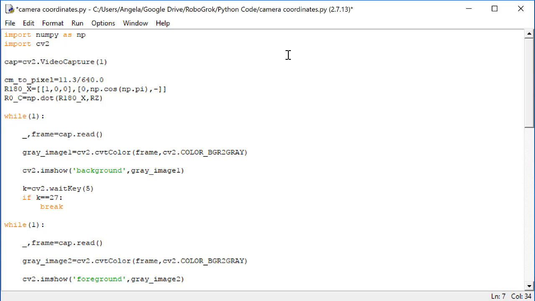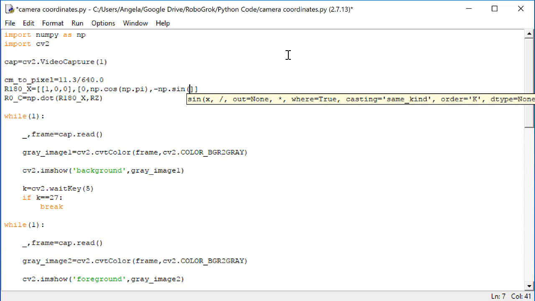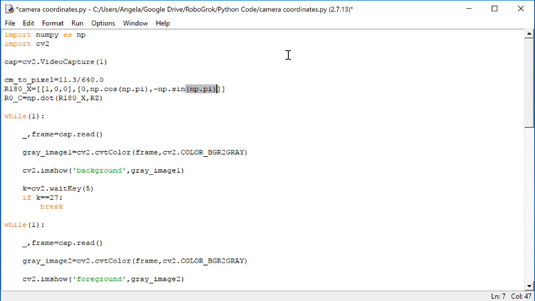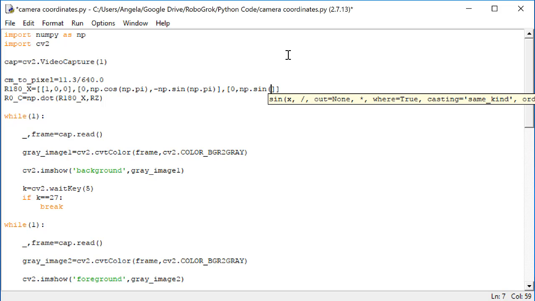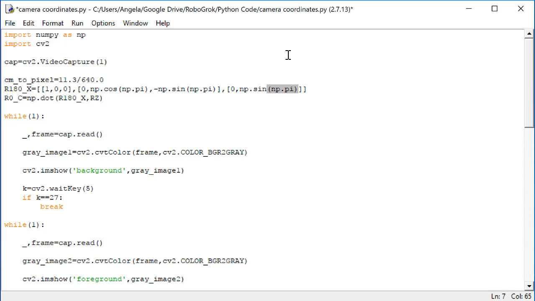But remember, we need to put this here in units of radians. So 180 is easy, that's just pi. Then the negative sine. And the last row is 0, sine, cosine.